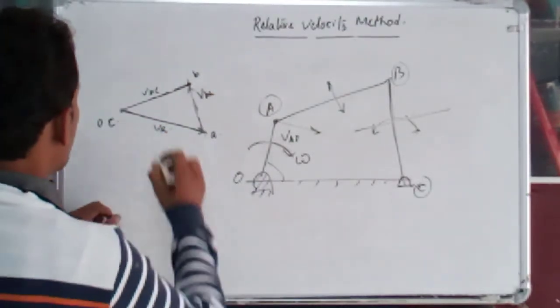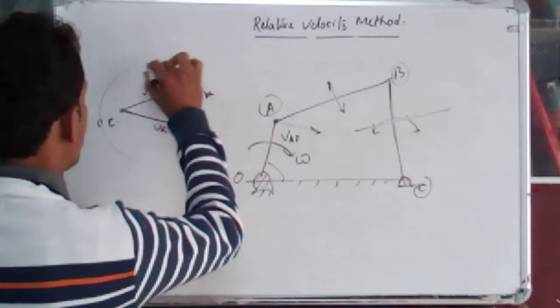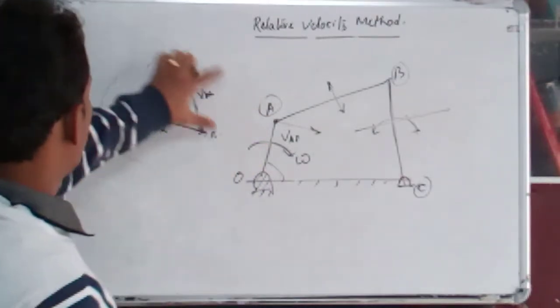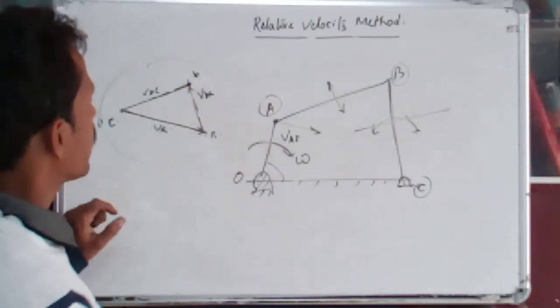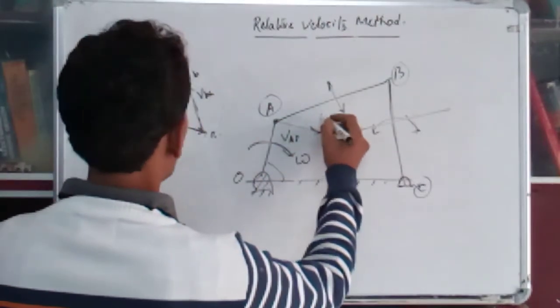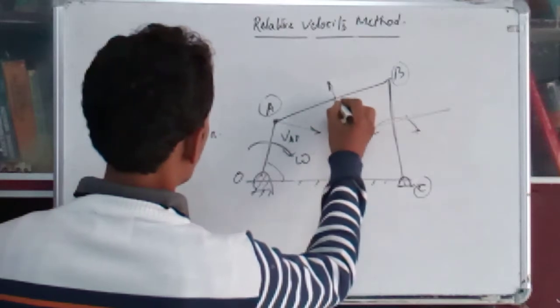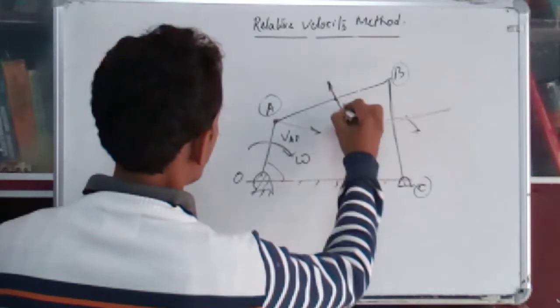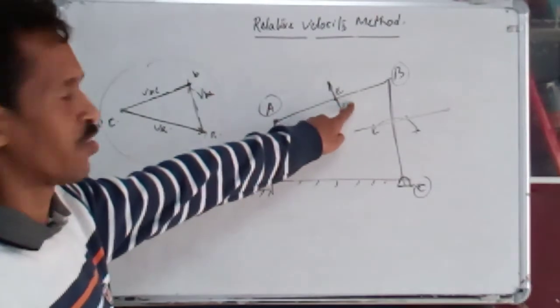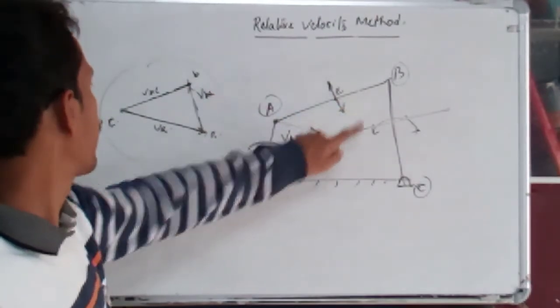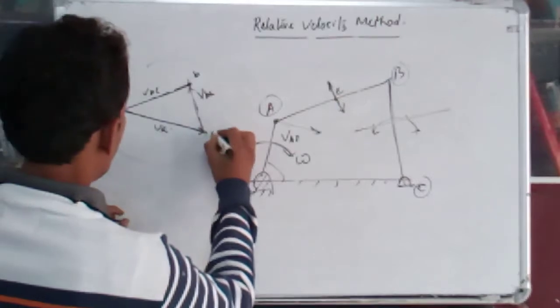So by using this method, we can find out the velocity at a particular point.